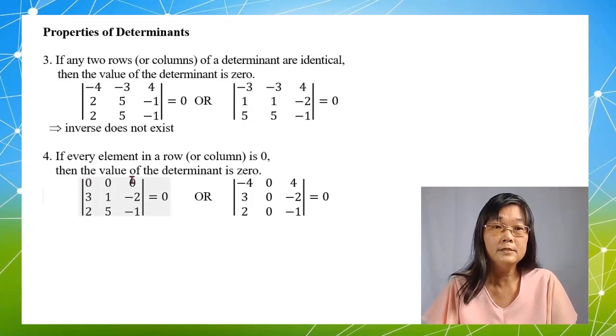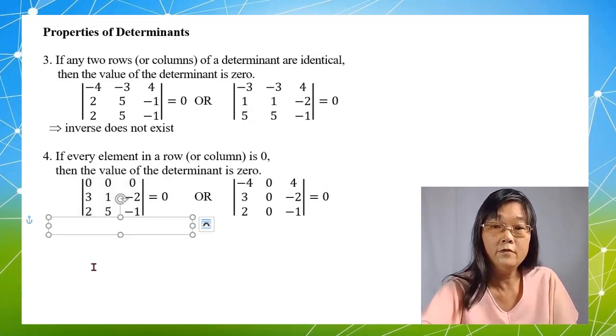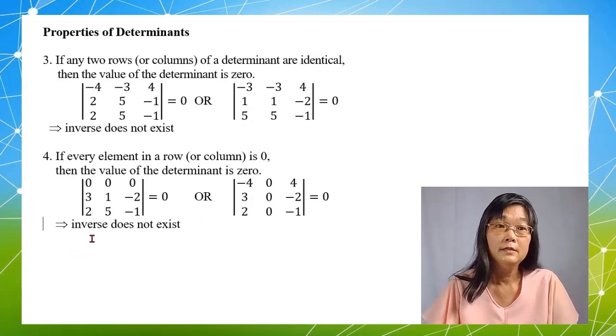In the first row, all elements are equal to 0, or in this example, all the elements in the second column are 0. So the value of the determinant is equal to 0. Therefore, we can make the conclusion that the inverse of this matrix does not exist.